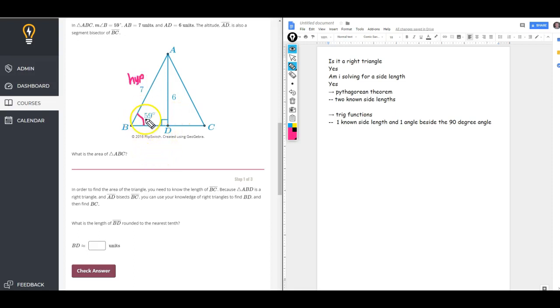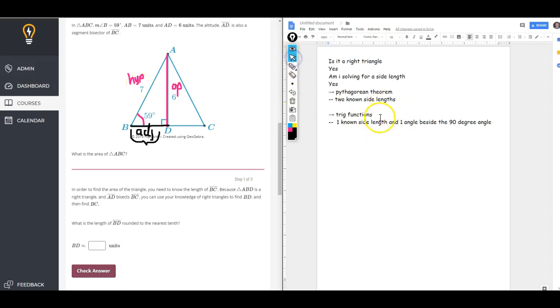The side length that is directly across or opposite the angle is going to be the opposite side. And then the one that is touching the angle, that's not the hypotenuse, is the adjacent side. So we want to find the adjacent side length.